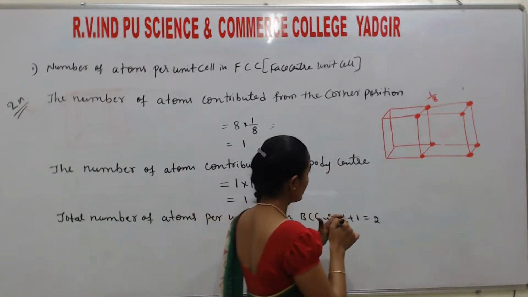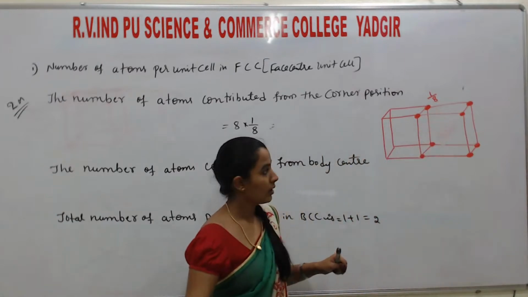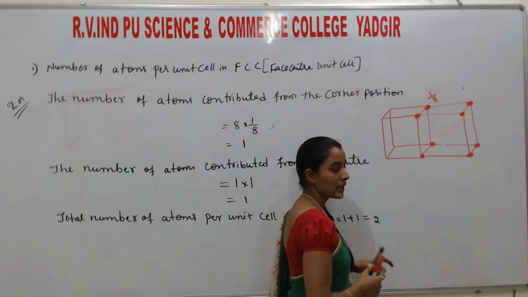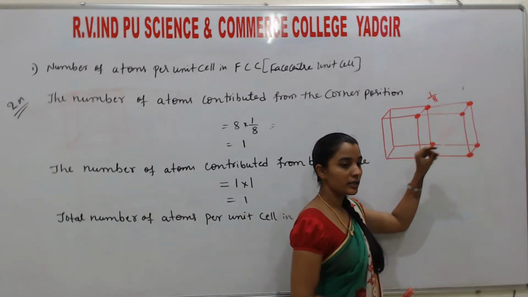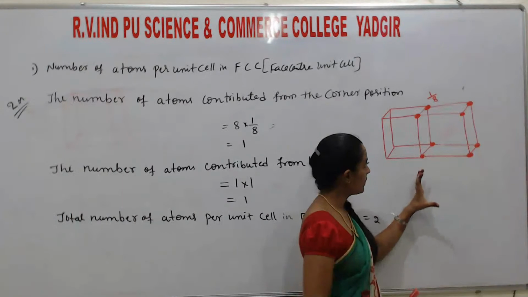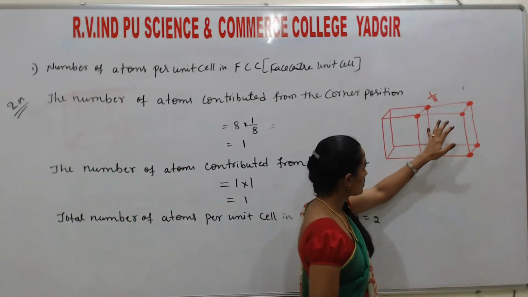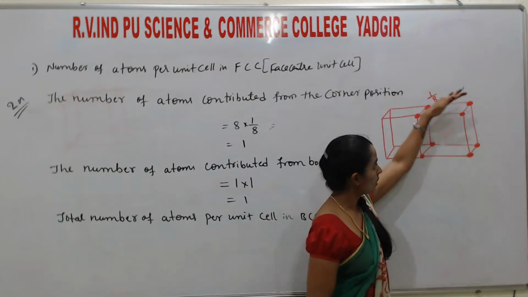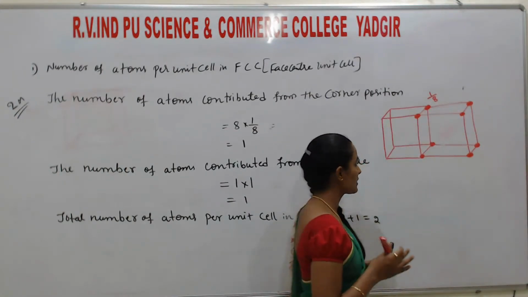So students listen here. Face centered means the constituent particles are present at the center of each face of the unit cell. One cube is there. Total how many faces are there? 6 faces: left, right, above, below, front and back.